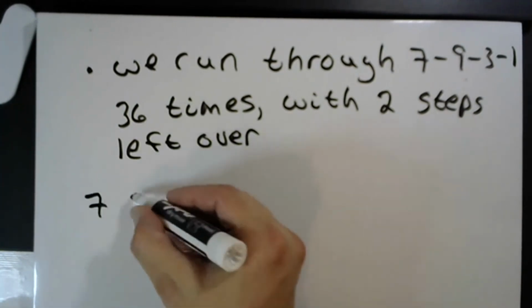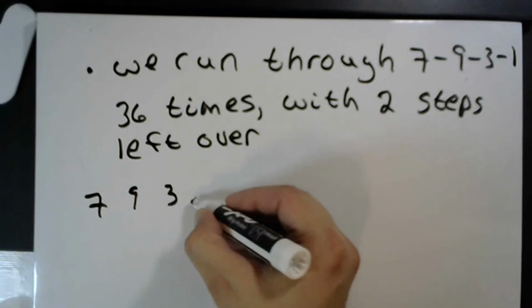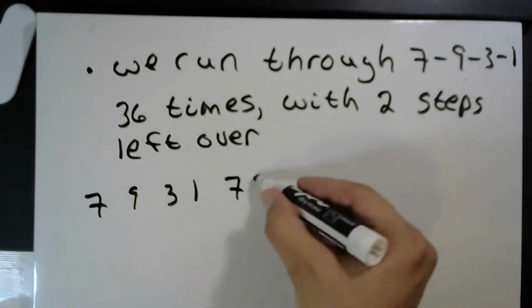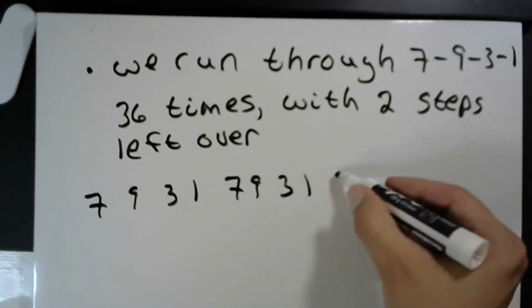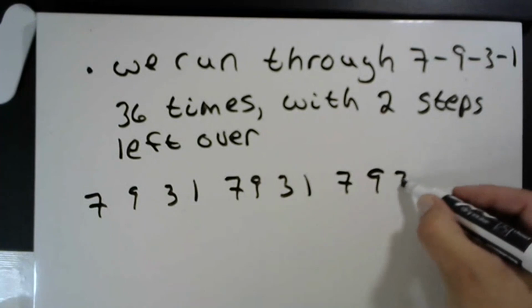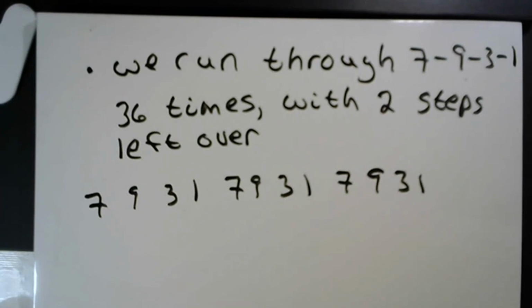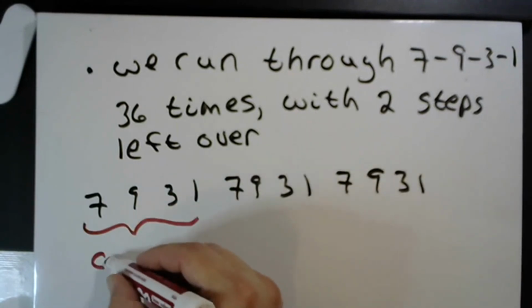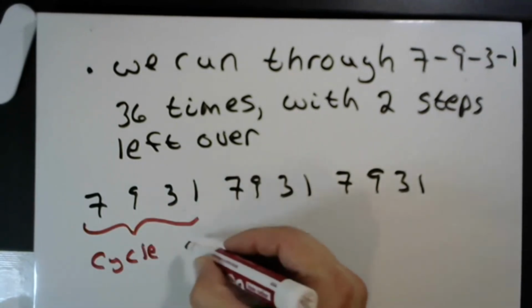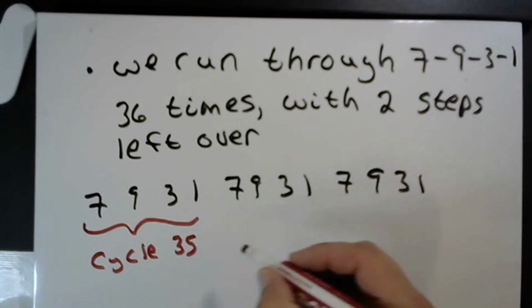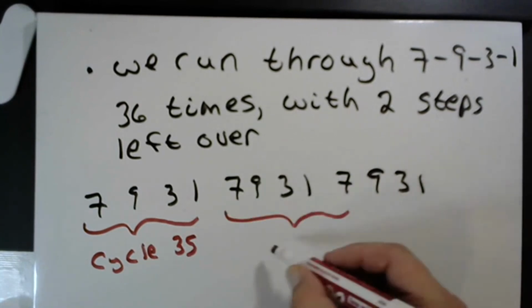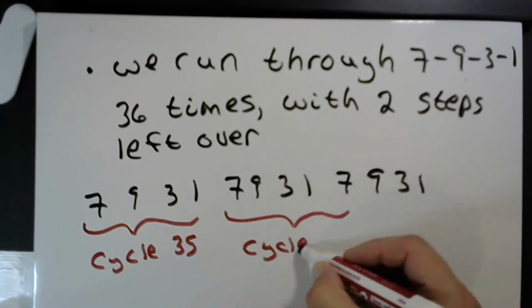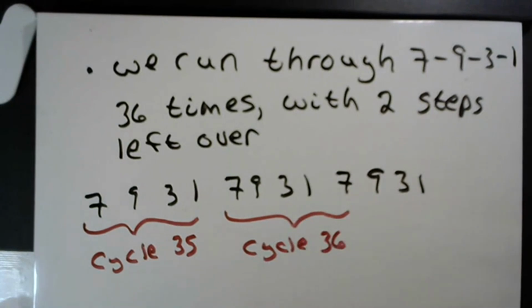So if we have our 7, 9, 3, 1, 7, 9, 3, 1, 7, 9, 3, 1, this would be cycle 35. This would be cycle 36.